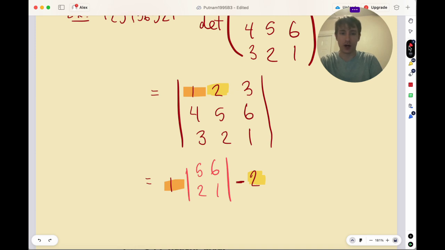So we're going to have the numbers 4, 6, 3, and 1.